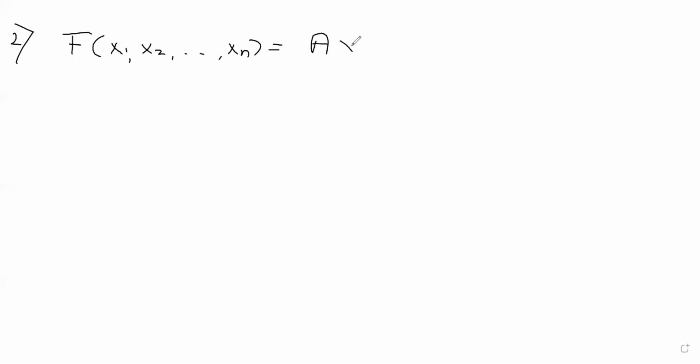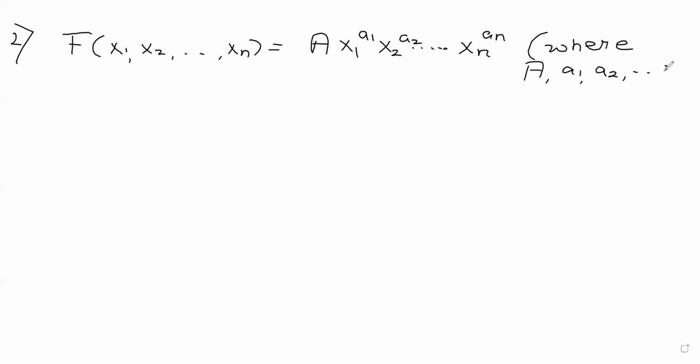I can write A x1 to the power a1, x2 to the power a2, multiplied continuously till n, xn to the power an, where capital A, small a1, small a2, dot dot small an are constants, and capital A, which captures the technology basically, is greater than 0. If you all can recall, we had done the basic Cobb-Douglas production function.